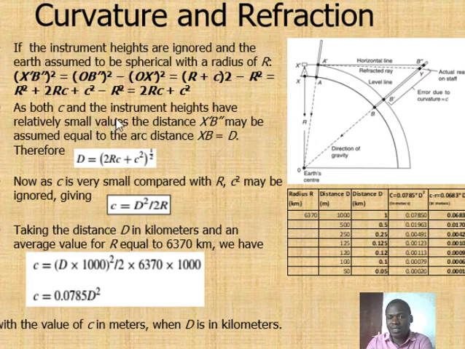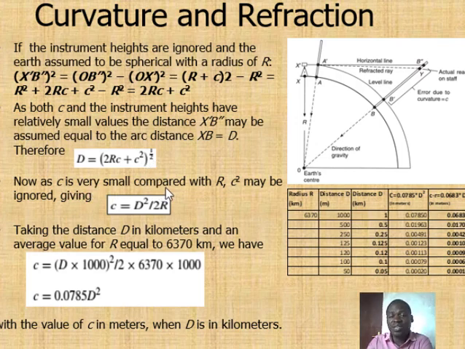As both C and the instrument height are relatively smaller compared to the radius of the Earth, the distance X prime B prime may be assumed equal to the arc distance XB, which is equal to D. Therefore, the distance D is equal to the square root of 2RC plus C squared.